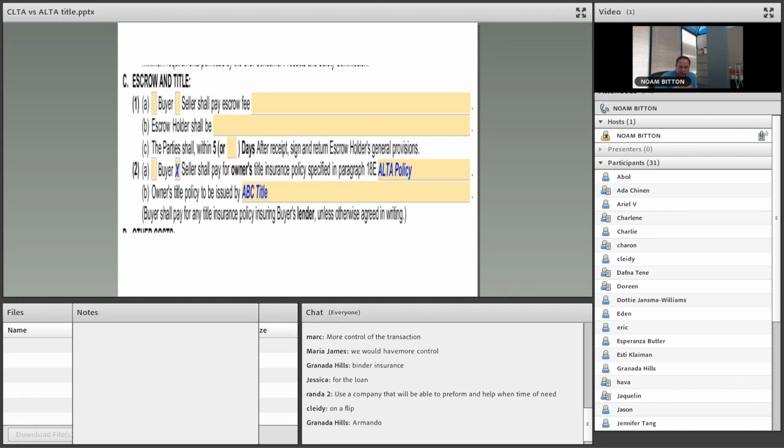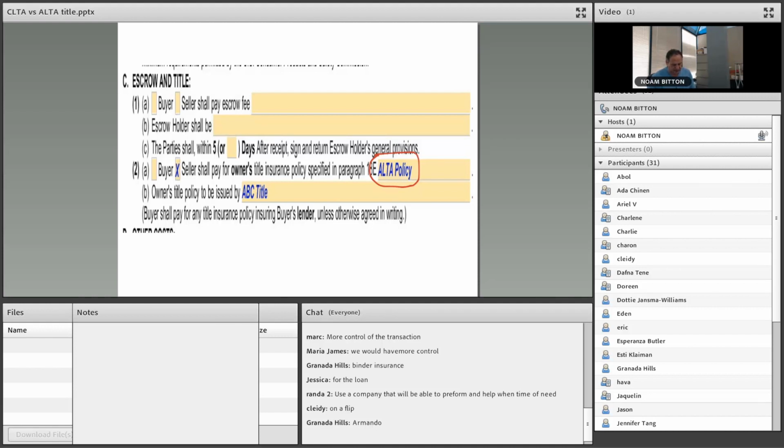Now, if we do not write anything as the buyer, the seller will pay and the property will be insured by a CLTA policy. However, if we write ALTA policy, the seller will pay for ALTA policy, which we'll talk about in a minute, and the property will be insured with the ALTA policy.